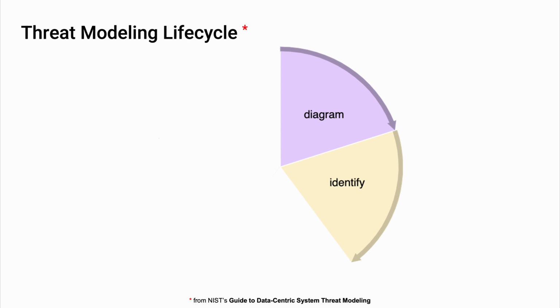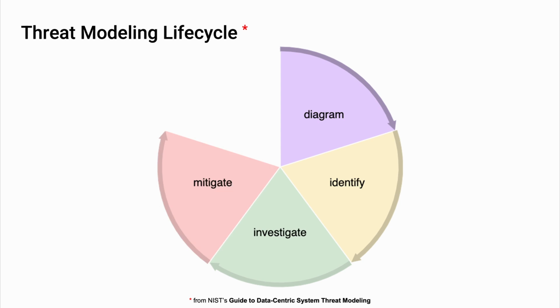Here you take the diagram created in the first stage and apply a set of rules to identify deficiencies in the design. The third stage is that of investigation, where you determine what the fundamental issues are and how they should be corrected. The fourth stage is that of mitigation, where you go about the process of correcting the deficiencies. Finally, in the fifth stage, you validate that you've correctly mitigated the deficiencies.